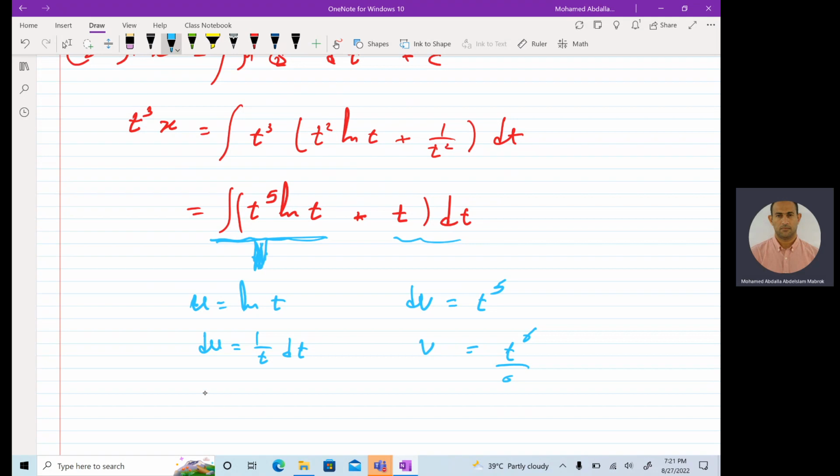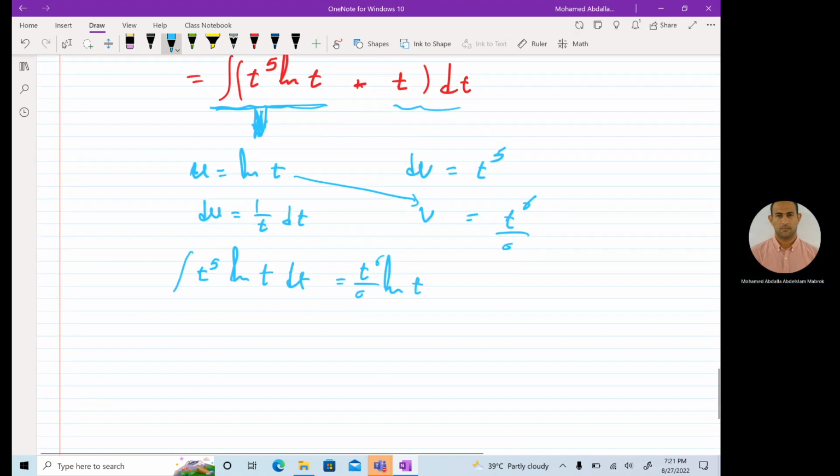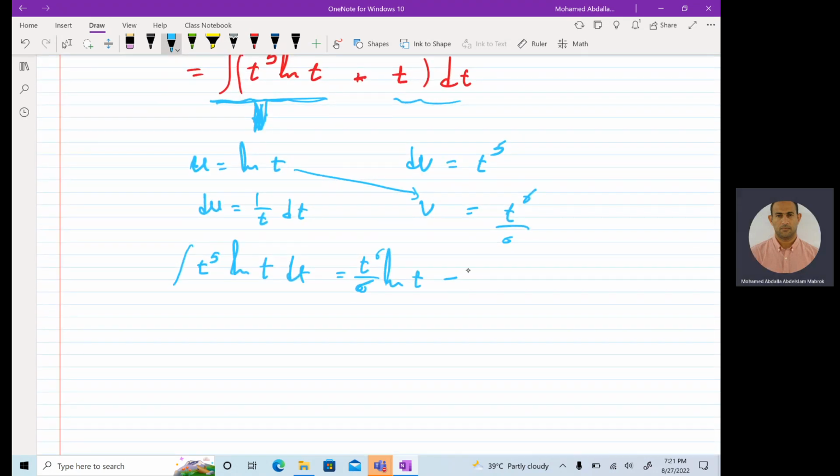So this integration here, which is the integration of t to the power 5 ln t dt, will equal this times this, which is t to the power 6 over 6 ln t, minus the integration of this times this, t to the power 6 over 6 times 1 over t dt.